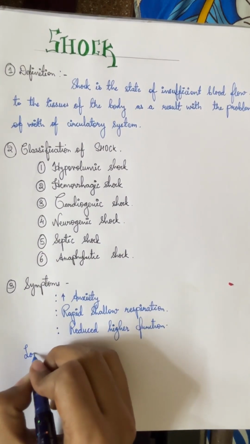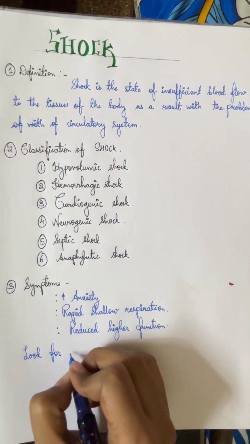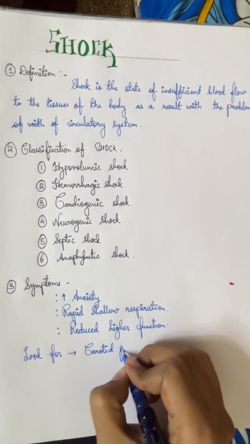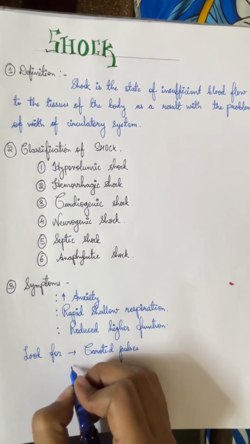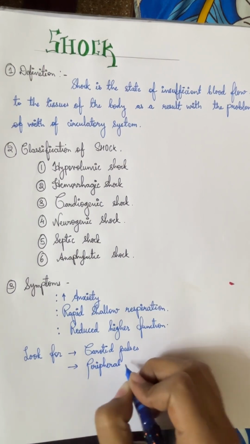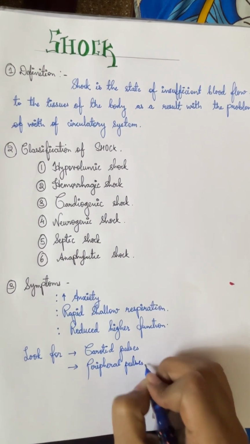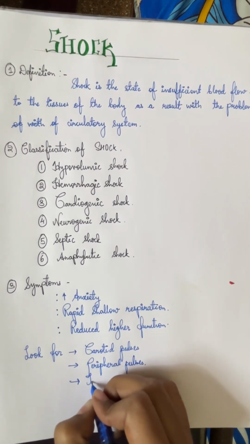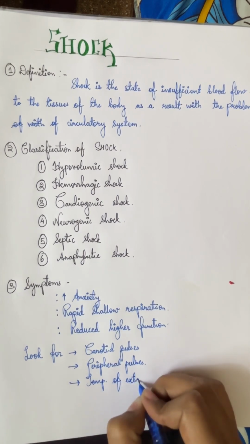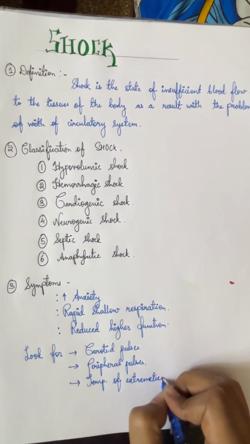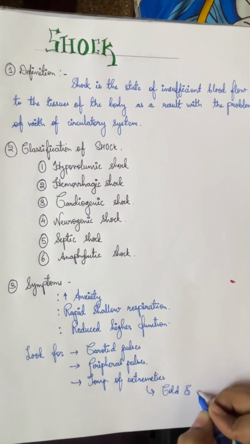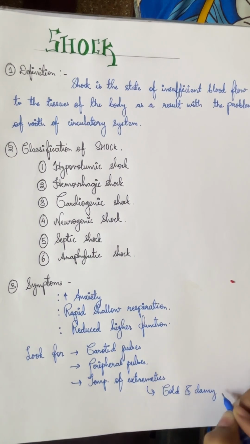And always look for carotid pulses, peripheral pulses, and temperature of extremities, whether the patient is having cold and clammy skin.